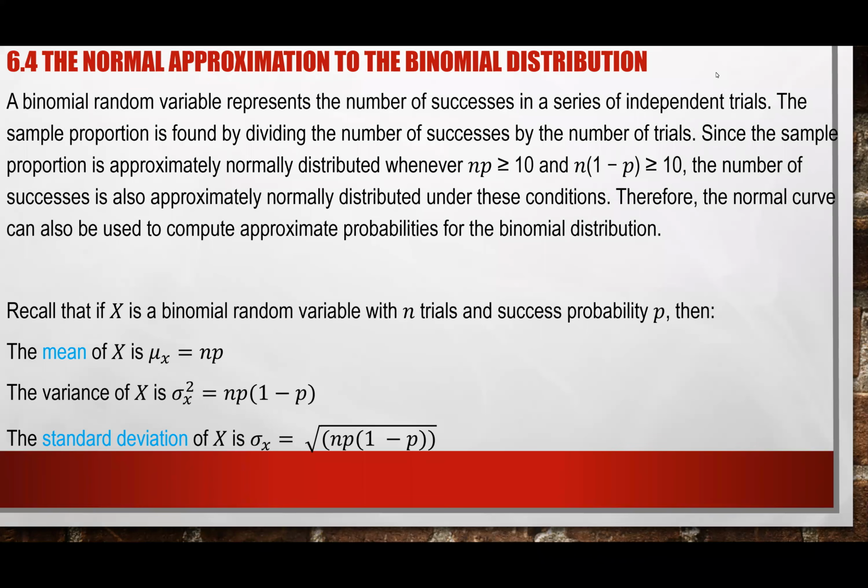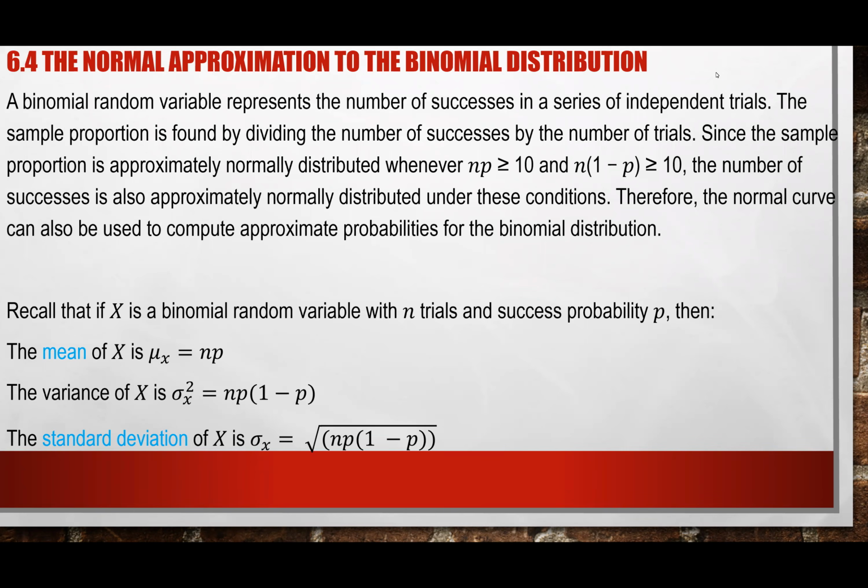Now, if we're using the binomial distribution and we have a lot of samples, or in the terminology of binomial distribution a lot of trials, doing it by hand will be a little bit tedious. They found out that if we use the normal distribution as an approximation, we can approximate that probability.